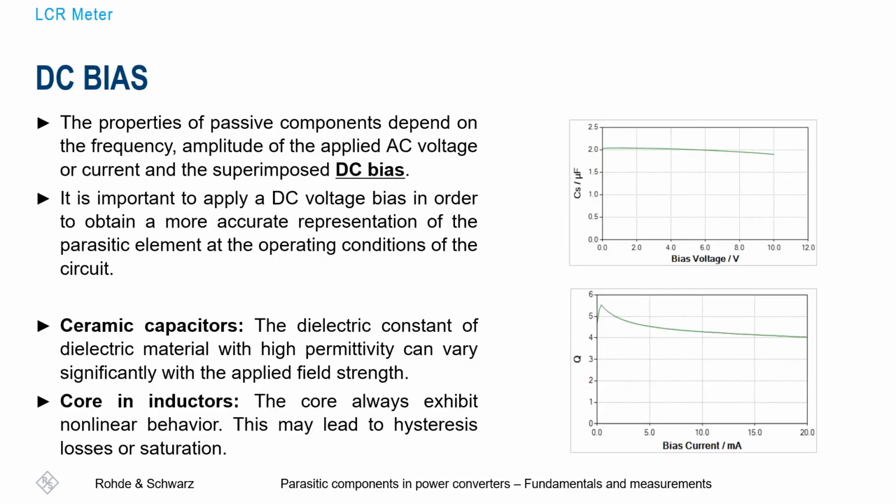For example, for ceramic capacitors, there's a change in the capacitance value depending on the bias voltage. The same happens in inductors, and this is mainly due to the core that exhibits a nonlinear behavior. So it's really important to consider this DC bias, especially when doing power electronics applications.